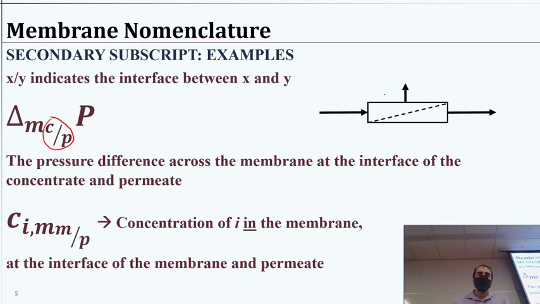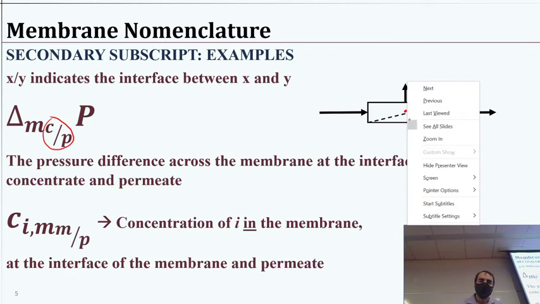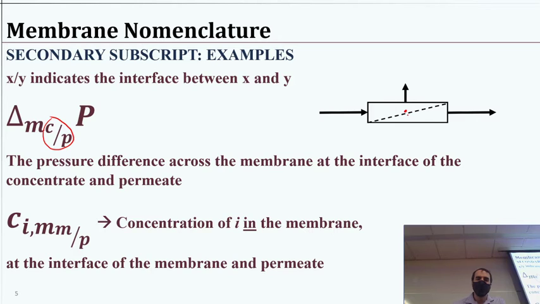Maybe this is not the best drawing, but we're measuring it for this membrane right here and right here. So it's measured really right at that interface, immediately across it. That would be different than having a pressure gauge measuring in solution here or here.